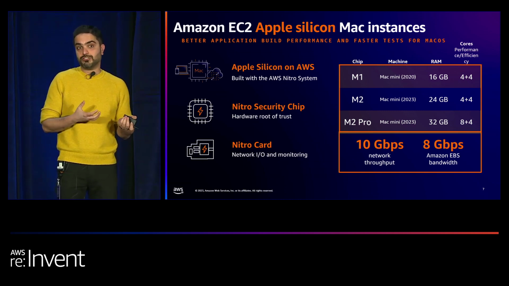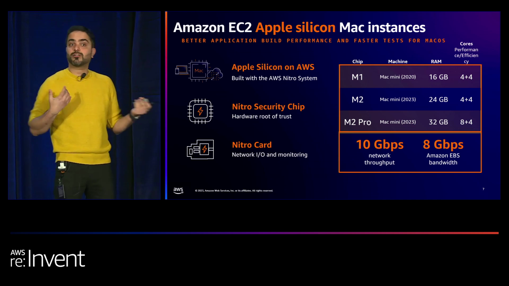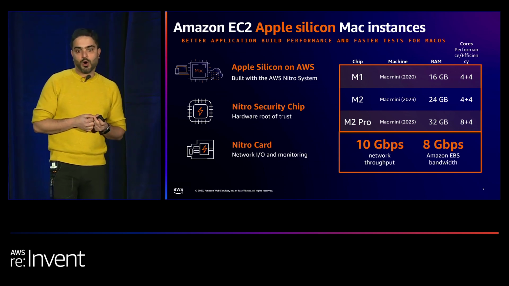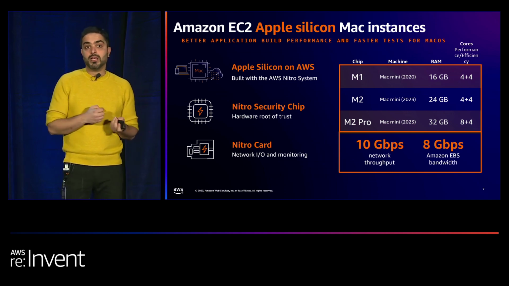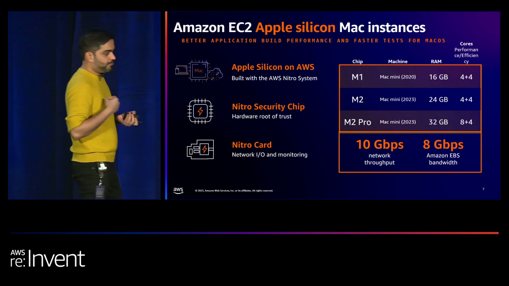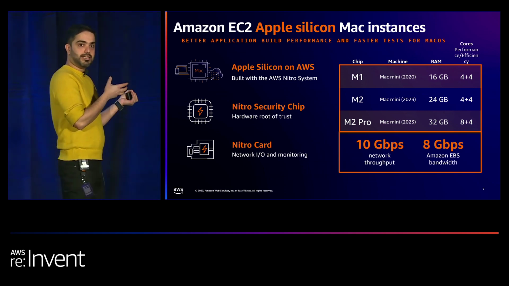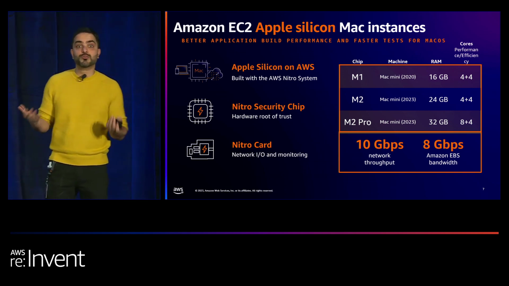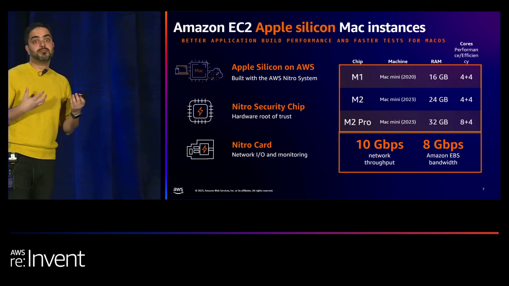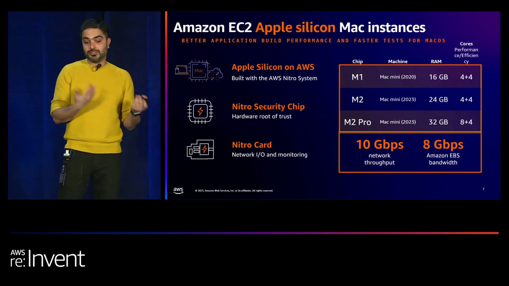From one generation to the other, we are seeing improvements across the board, be it the CPU, memory, or GPU performance. So one of our key tenets is we want to bring Apple's innovations into your hands as soon as possible. And the building blocks enabled by the Nitro system allow us to do just that.